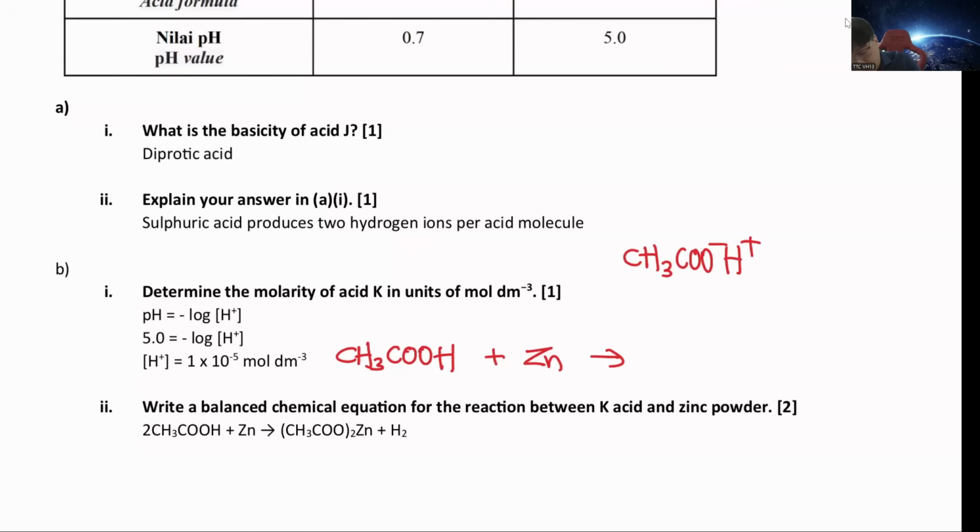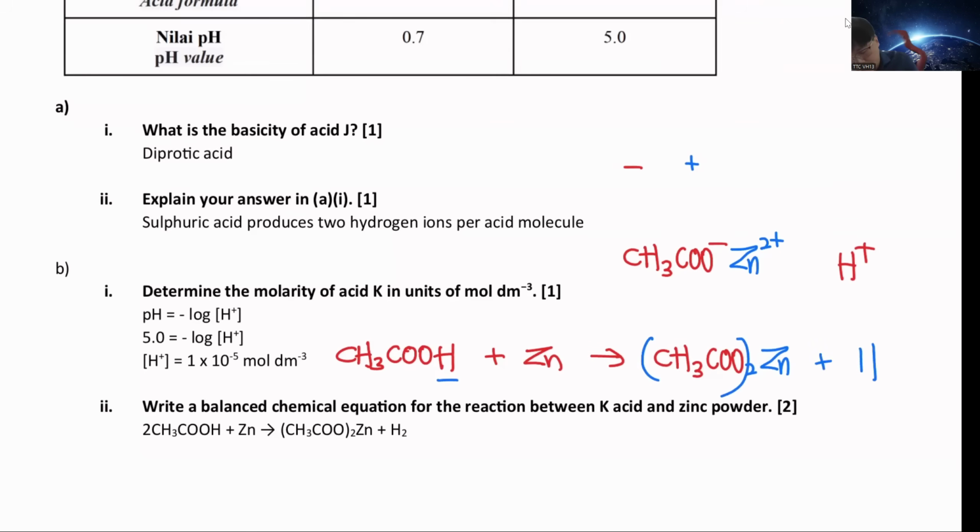So what happened here is when you take this out, you combine with Zn. Zn will form the ion, take away the 2 cross down here, and then you bracket. And then H will come out as H2 gas.